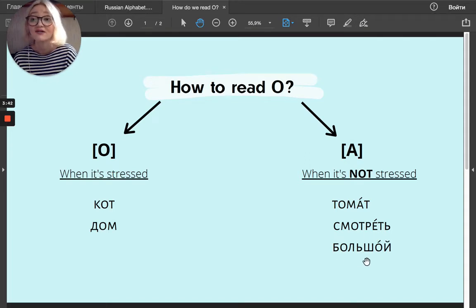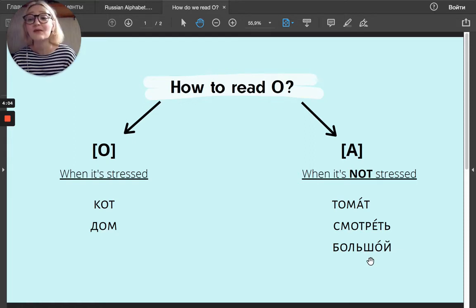Next one is an adjective. Big or large. Try to read it without me. I'll give you some time. Okay. Большой.